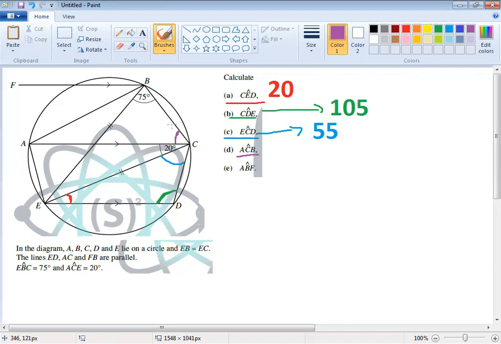Triangle BEC is an isosceles triangle, right? Triangle BEC is an isosceles triangle. If this is 75, what will the full angle at C be? 75. If I subtract 20 from it, will I get ACB?